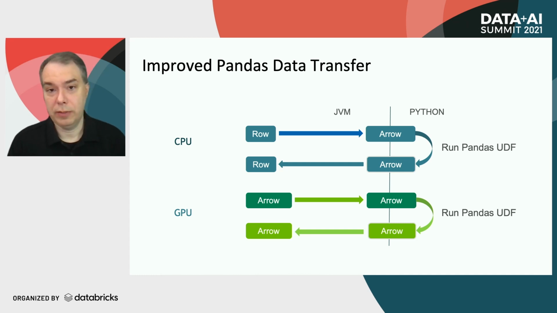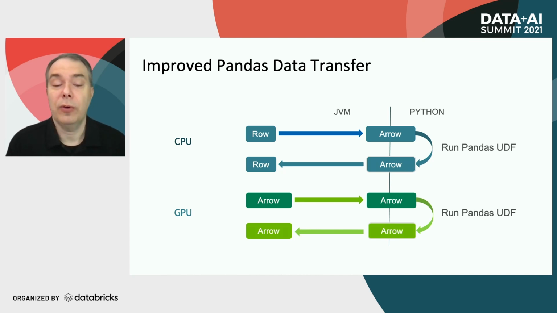So every time it talks to Pandas, it has to take the rows and produce a column of Arrow data, send that over to Pandas, and then Pandas operates on that columnar Arrow data, produces a columnar Arrow format result, and then that's sent back to the JVM, which has to translate the Arrow back into rows. So again, the row to columnar conversion is happening here for Pandas.